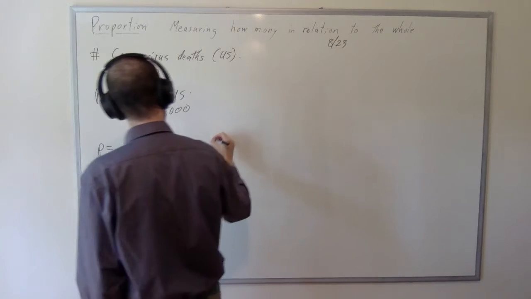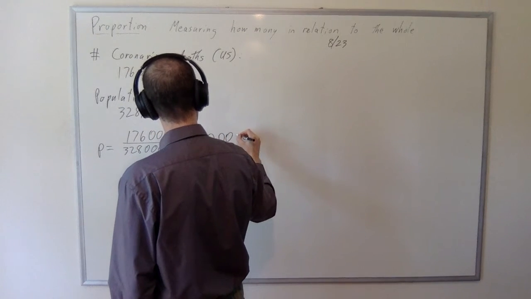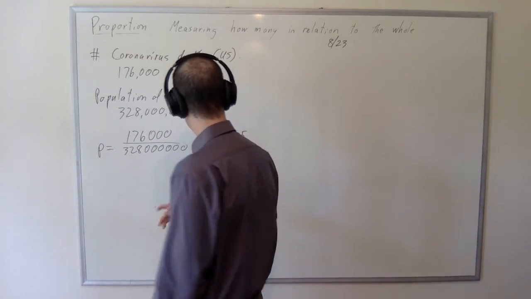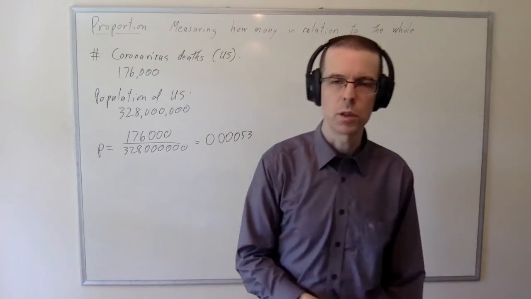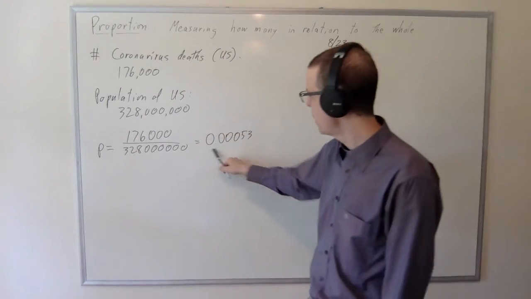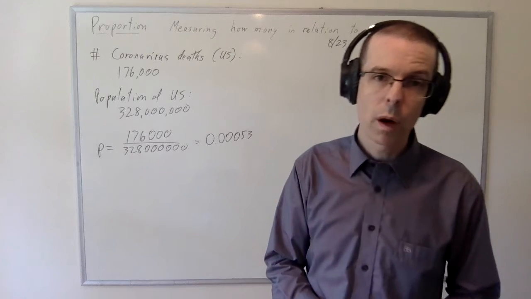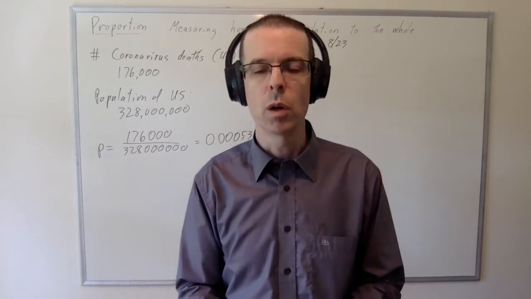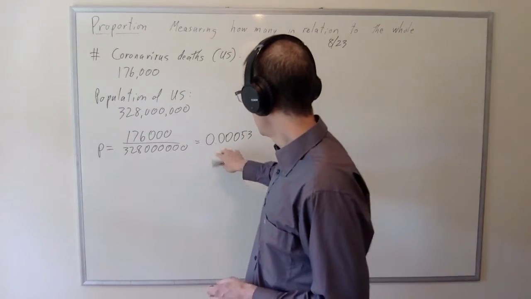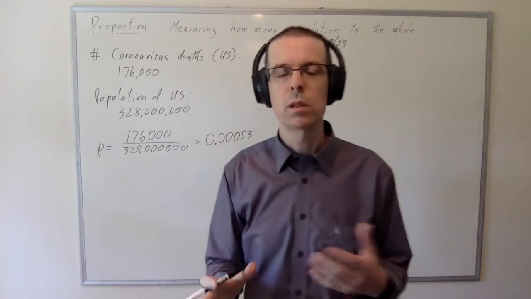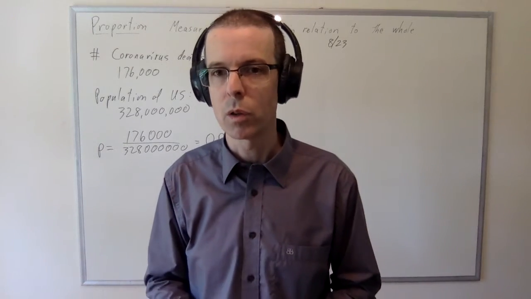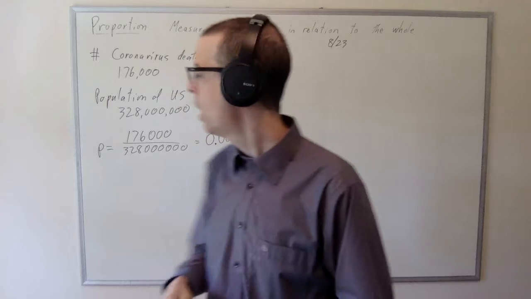And this works out to about 0.00053. Let's carry one more digit of accuracy there. So that's about this number. You look at that number and you think, wow, that's a really small number. And I suppose in some purely numerical sense, that is a very small number.